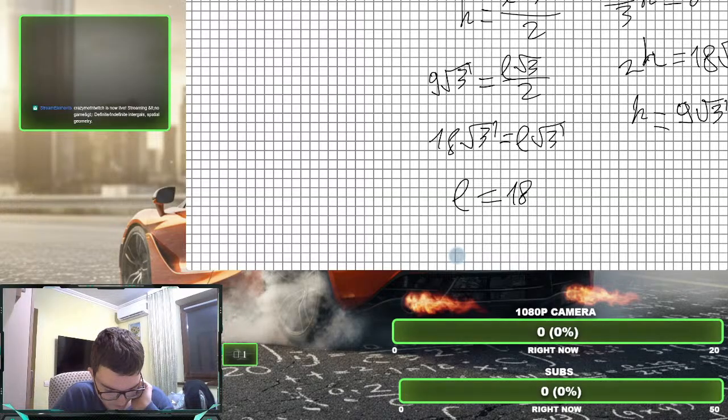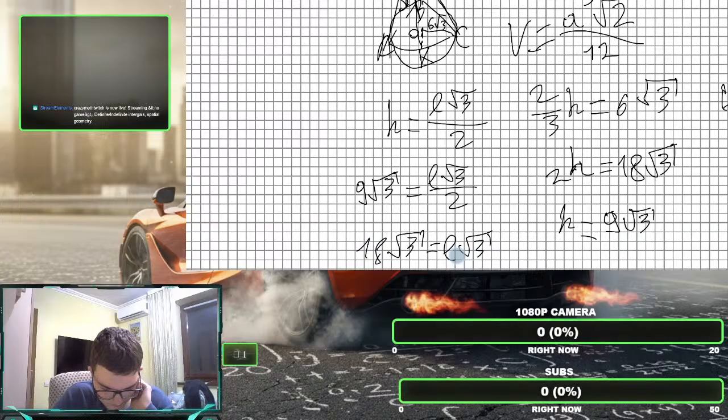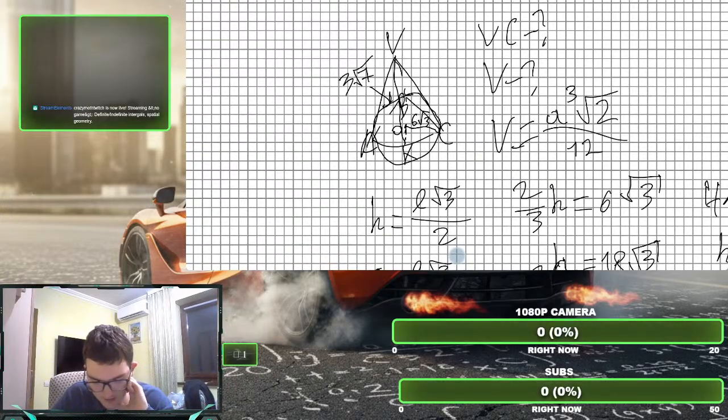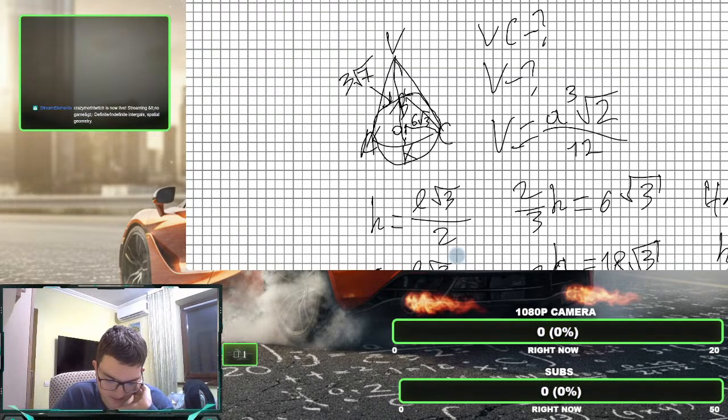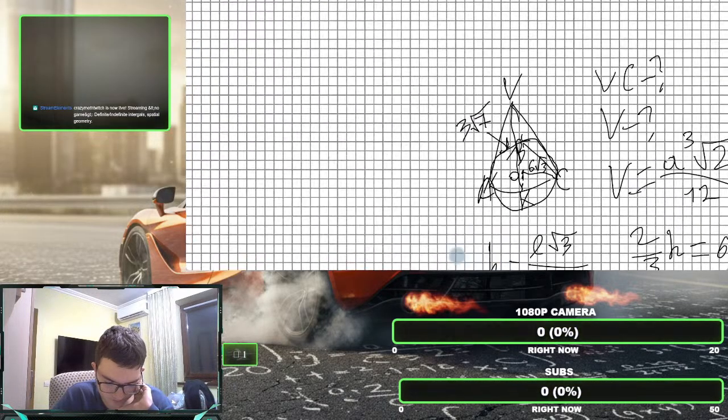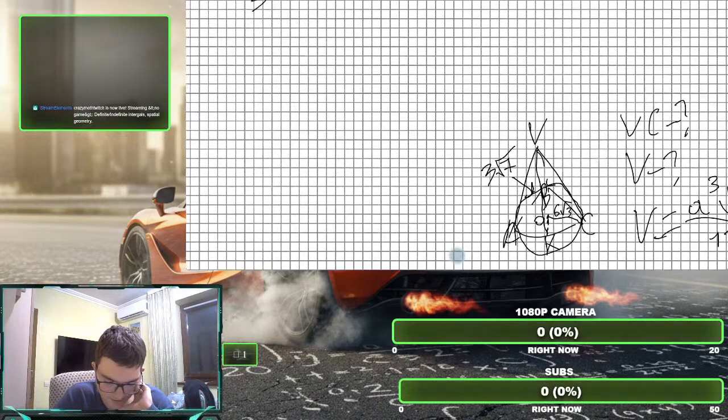Now that we know that L is 18, which is essentially AC and AB and BC, I perhaps can calculate VC with a Pythagorean theorem.